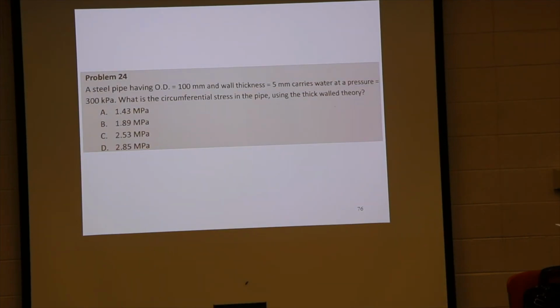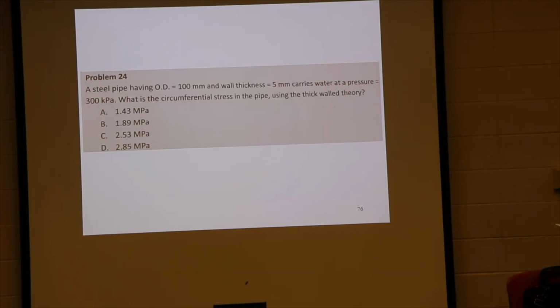This is basically it. P is 0.3 megapascal, R outer is 50, R inner is 45, which will give you 2.86 megapascal.